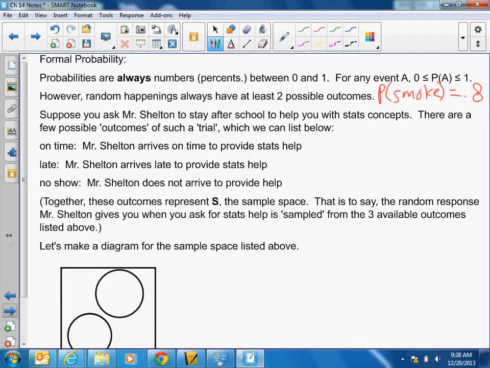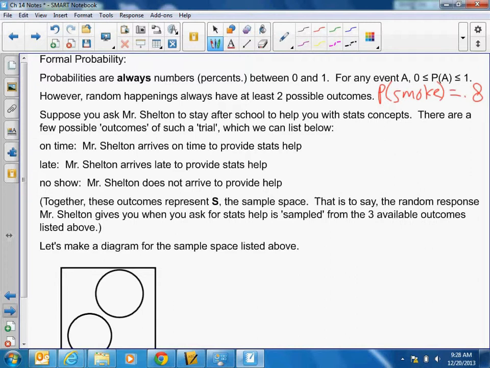Okay, let's talk a little bit about sample space. So, suppose you ask Mr. Shelton to stay after school to help you with stats concepts. There are a few possible outcomes of such a trial. The trial in this case is what happens after school when you show up to the room. Do I show up? Do I not show up?